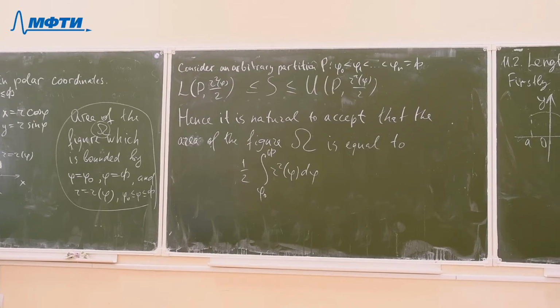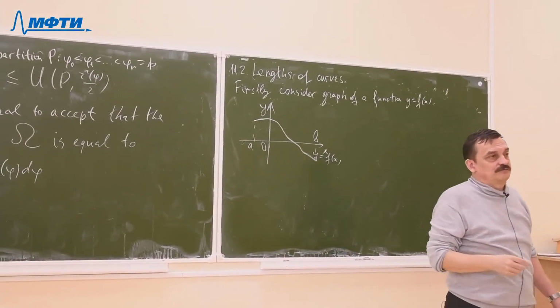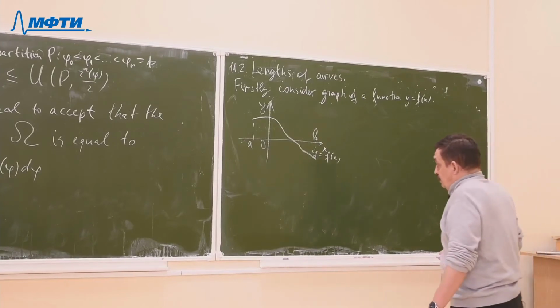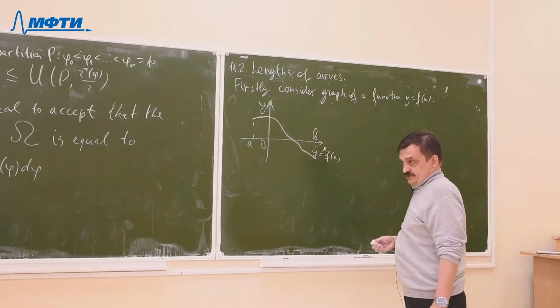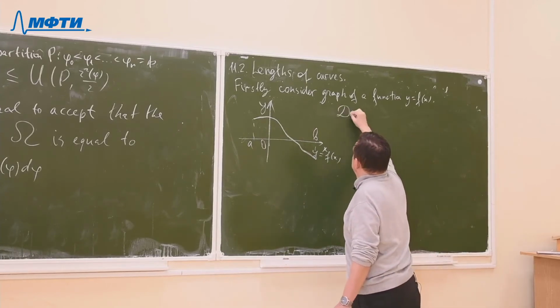I want to understand what is the length of this curve, the graph of a function. How to compute it? What is length? And here I can give a definition because that is completely univariate. So, definition.